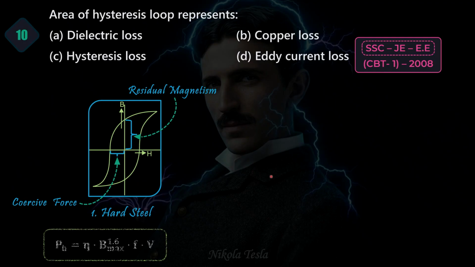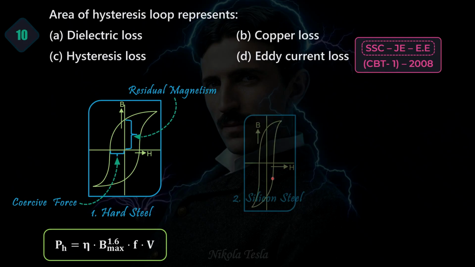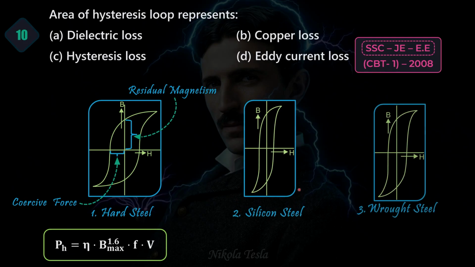Now let us consider the formula which is used to calculate hysteresis loss, where pH represents hysteresis loss, eta represents the coefficient of hysteresis, B maximum is nothing but the maximum flux density, F is frequency, and V is volume. Now let us consider the magnetization curve for silicon steel and wrought iron.